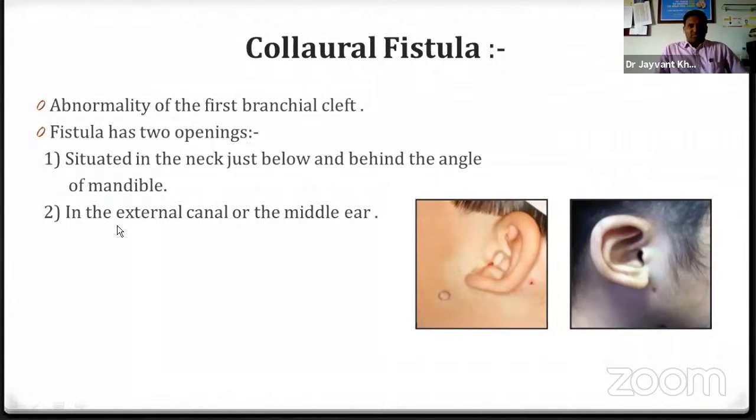Then colaural fistula, an abnormality of the first branchial cleft. The fistula has two openings, you can see in this picture: one situated in the neck, just below and behind the angle of the mandible, here and here, and the other in the external canal or middle ear.